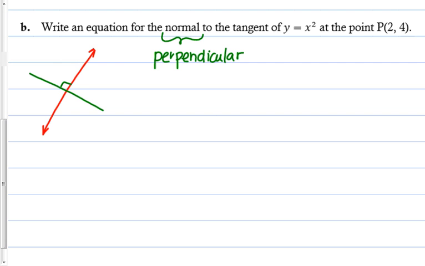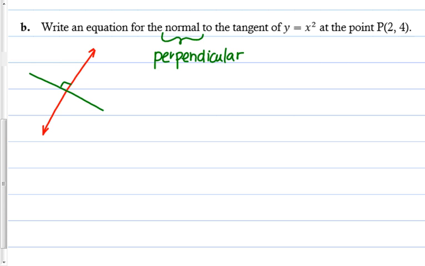We have to write the equation of lines that are perpendicular to other lines. And the same rules apply. I need a point and I need a slope. I have a point. And I do have a slope, but the slope only works for the tangent.